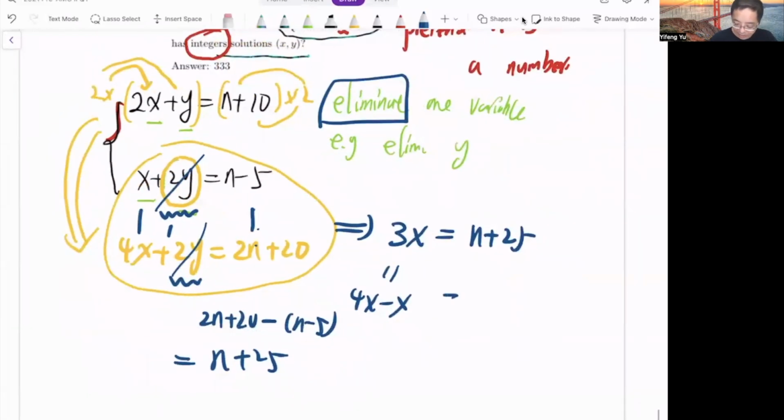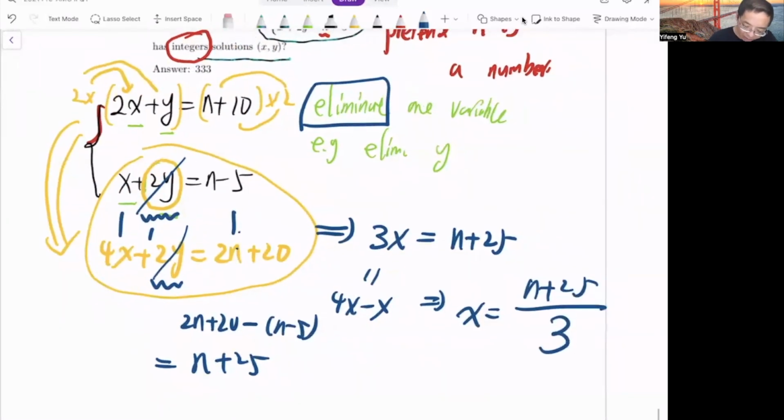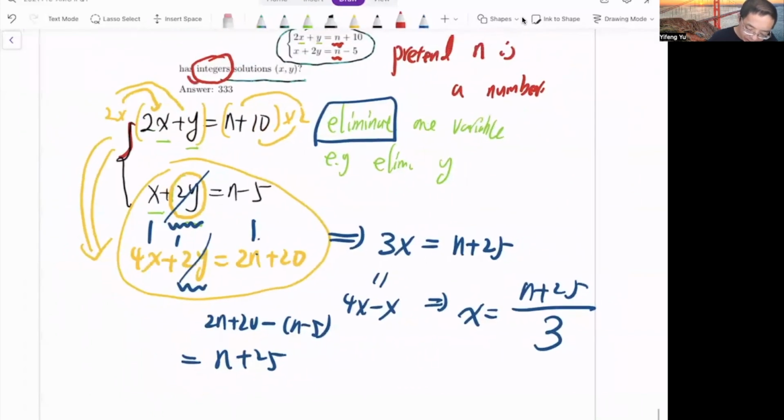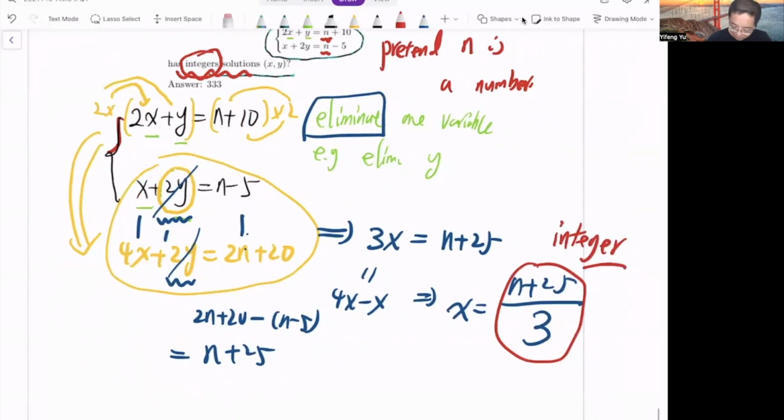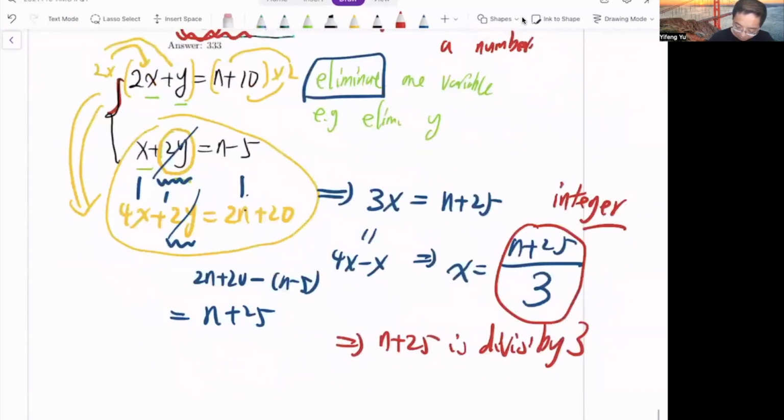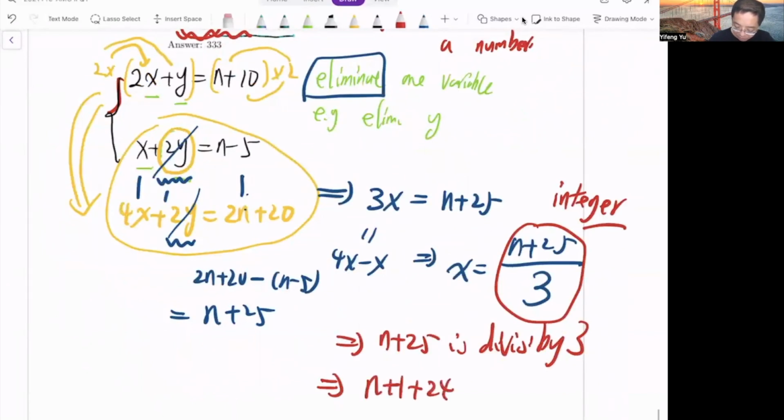Okay, and then what's x? We get x equals n plus 25 divided by 3. And remember, what's the requirement? We want an integer solution. So that means we want this to be an integer. So we need n plus 25 to be divisible by 3. But what does that mean? That just means n plus 1 plus 24 is divisible by 3.